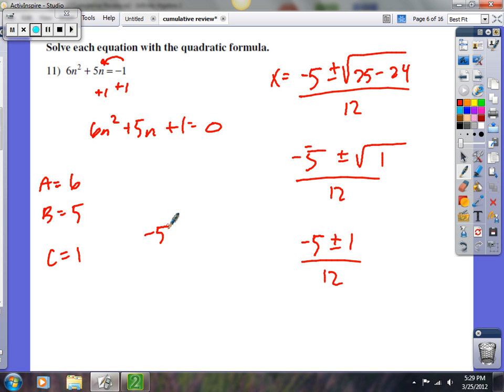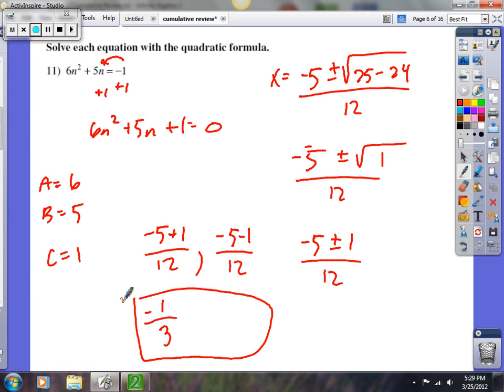Let's do -5 plus 1 divided by 12, and let's do -5 minus 1 divided by 12. My two answers are going to be -4 over 12, which is the same thing as -1/3, and -6 over 12, which is the same thing as -1/2.